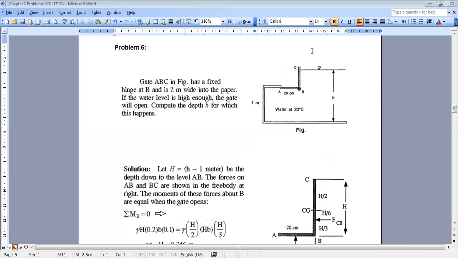A much easier method is to consider that this surface is at this level. Okay? And because in a fluid at the same level I have the same pressure, I can say that the pressure that is exerted on AB, the pressure at this level, is equal to the pressure at this level here.